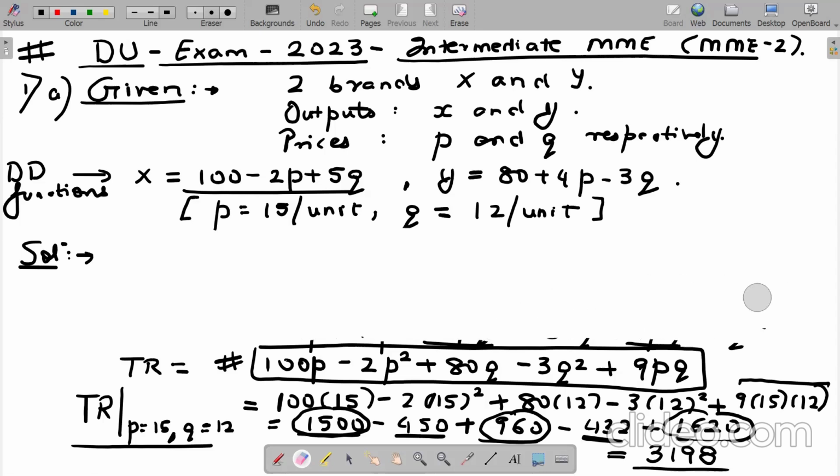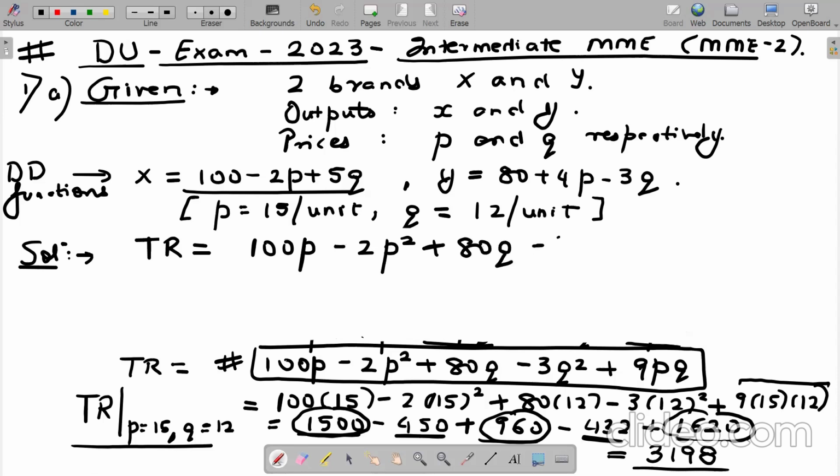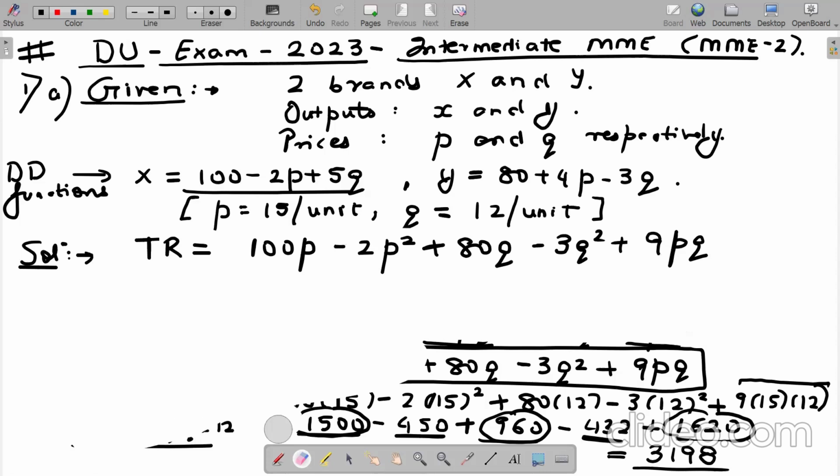To find the approximate change, I can write that first of all, my total revenue expression, I am writing it again. We got it as 100p minus 2p square plus 80q minus 3q square plus 9pq. This is the expression we got.